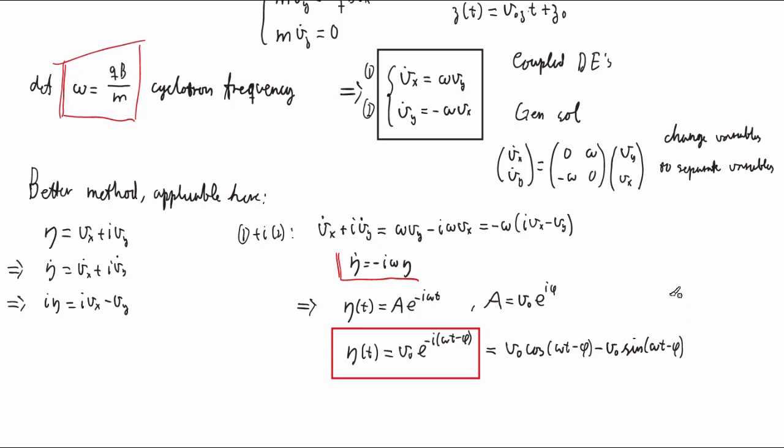Now, we've already said that this is equal to Vx plus i Vy. Oh, there's an i here, of course, also.